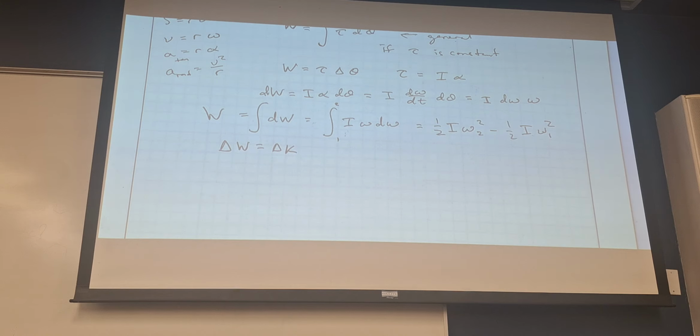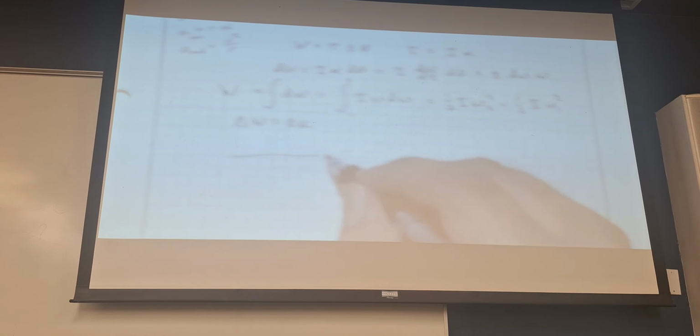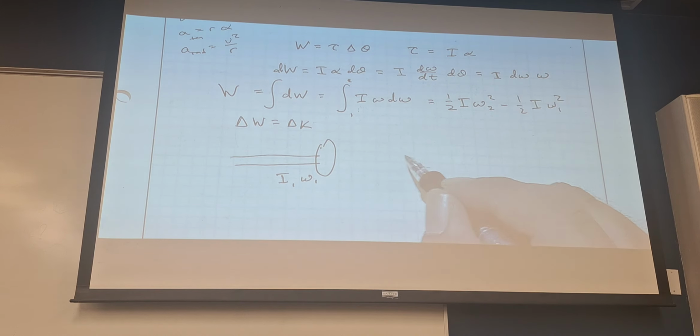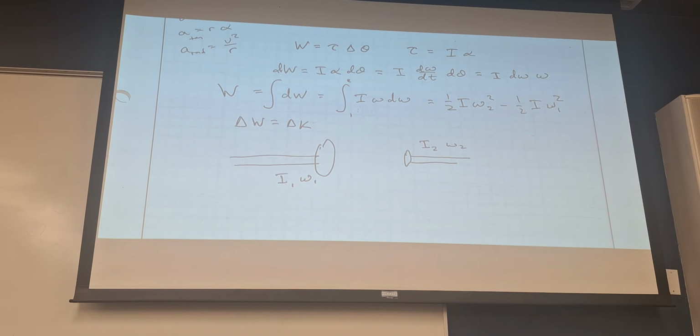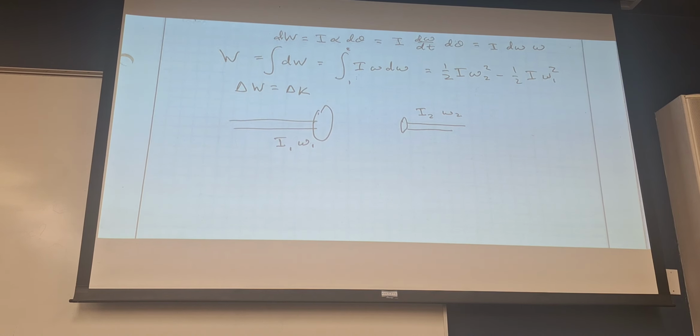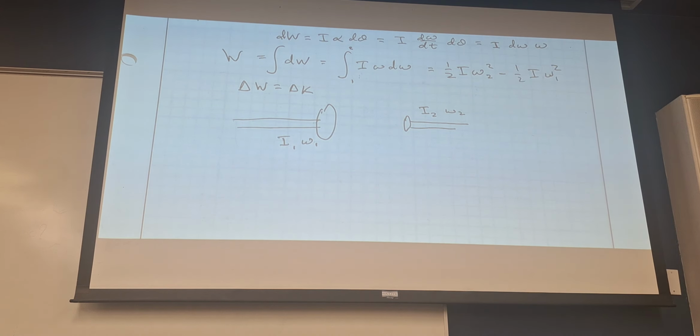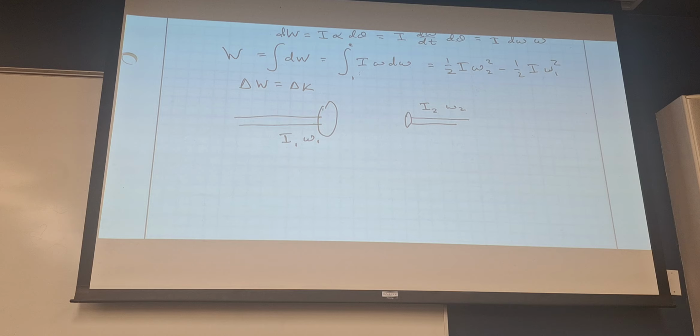A good example in your book is you have one rotating gear, with I_1 and omega_1, and then you have another gear, I_2 and omega_2. This is an example in your book. I highly recommend you read it. When you shift gears, these two things have to interlock, and so there's a new speed that has to be calculated.